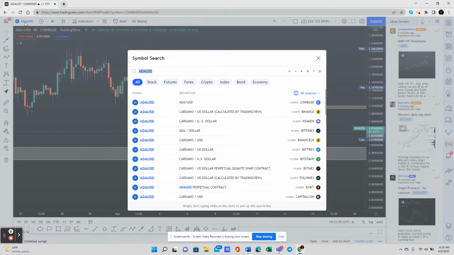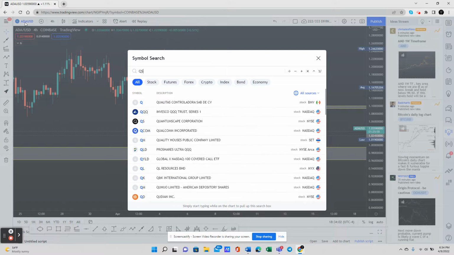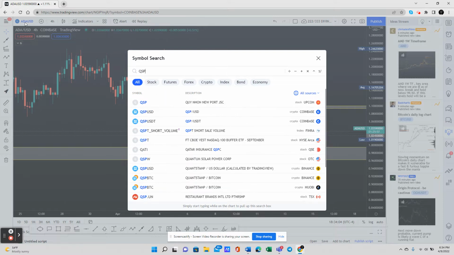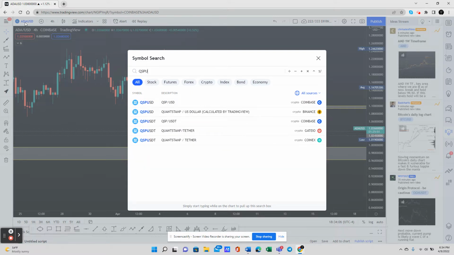Let's see, there's another one that's pretty popular that a lot of people like to look at. What is that called? I don't know how popular it is for everyone.